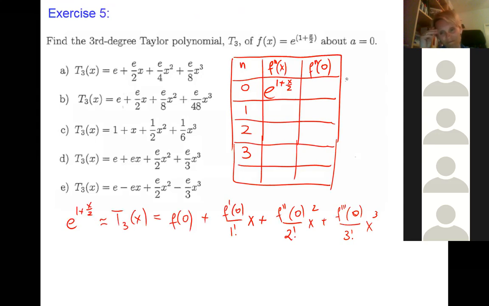Can you tell me the first derivative of this function? What's the derivative of e to the power of 1 plus x over 2? I hope we remember this. The exponential function, especially e, has a derivative that is the same function. It's just e to the power of the same number, but we have to follow the chain rule, times the derivative of the inner function.